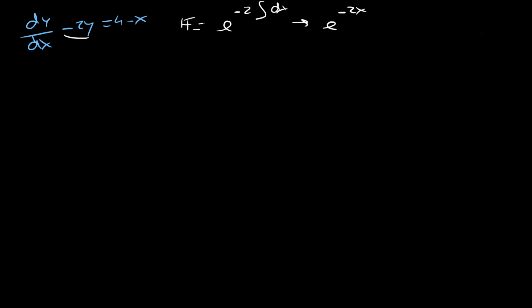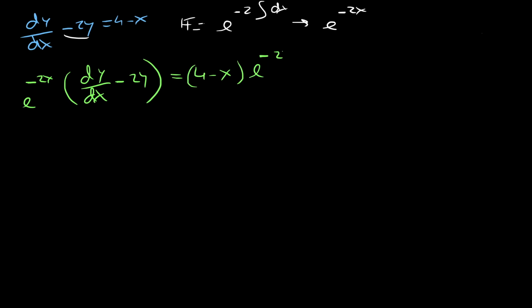So now we multiply e^(minus 2x) to both sides. So we have e^(minus 2x) dy/dx minus 2y, and then we have this element as well, 4 minus x, also being multiplied by the same term.